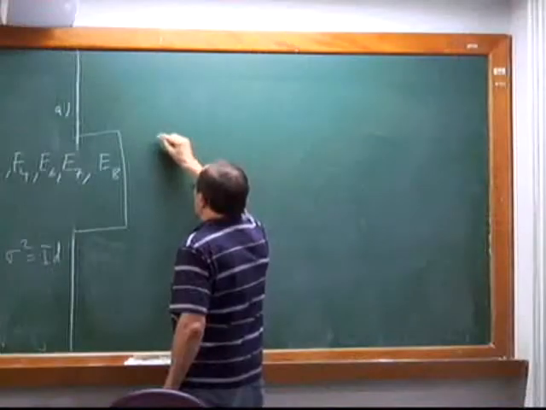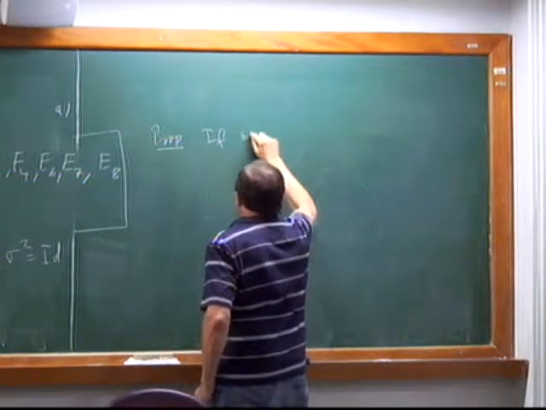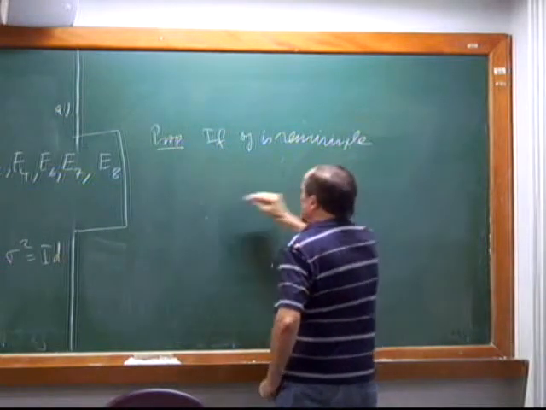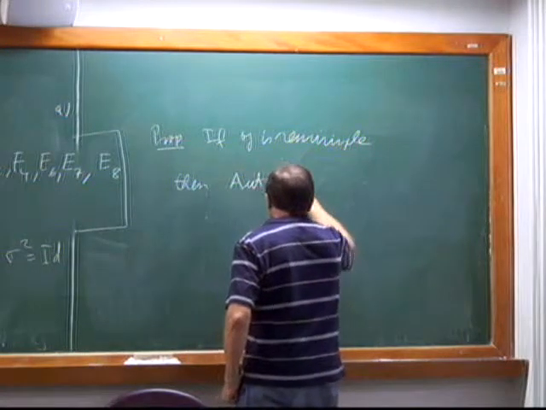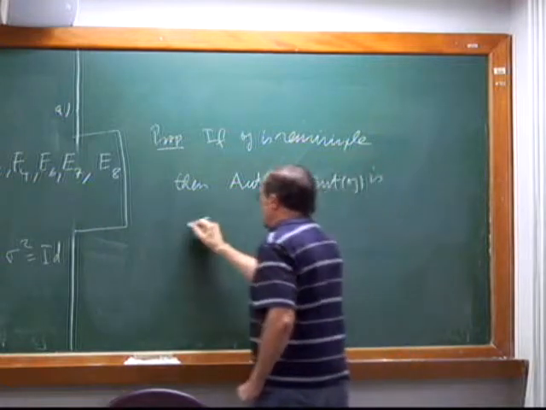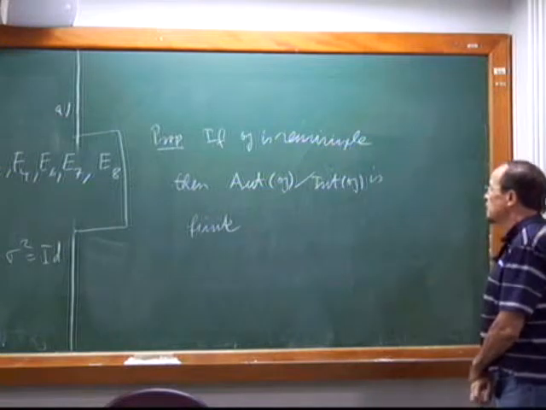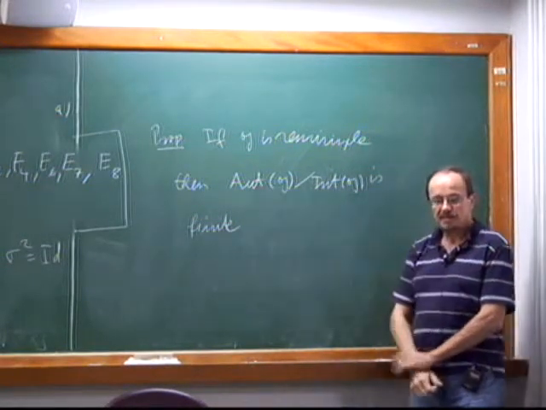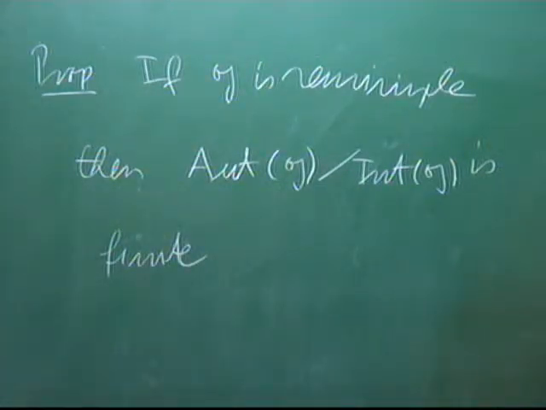There's a proposition we did prove, which said that if G is semisimple, then Out(G), where Inn(G) is the identity component of Aut(G), is a finite group. We don't need compact.